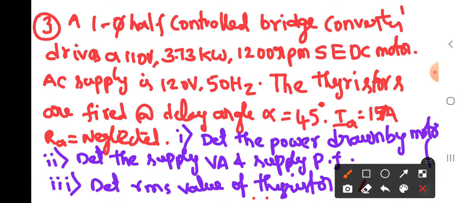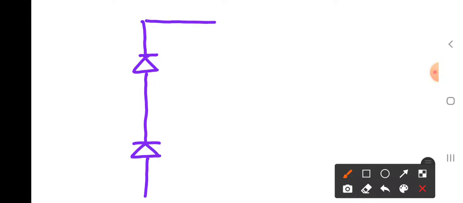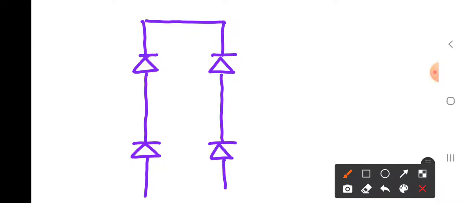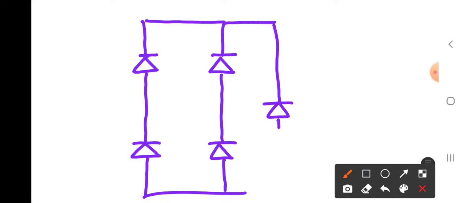Before going to that, let us draw the circuit diagram. For every problem, if they say the motor is controlled by a full controlled or semi controlled converter, which may be single phase or three phase, first draw the circuit diagram, as it gives the best impression to the examiner.